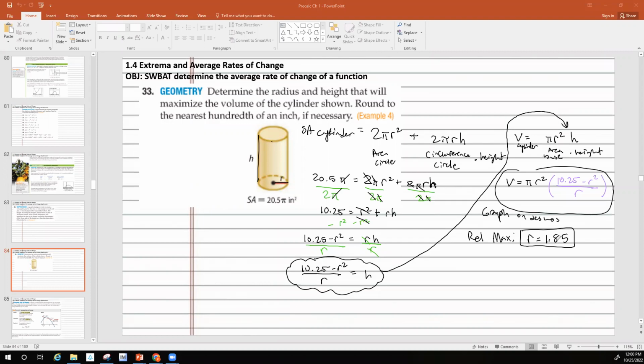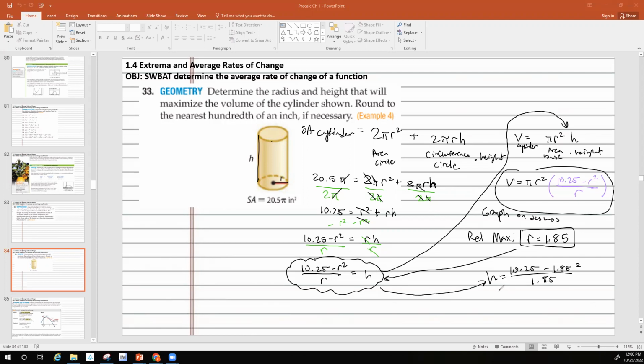So what are we going to do with this 1.85? Is there an equation that has R and H in it? Just R and H. Yeah, this one over here. So we're going to plug this into that one, and that's going to give us H equals 10.25 minus 1.85 squared over 1.85. So you just replace that 1.85 into all of those R's.